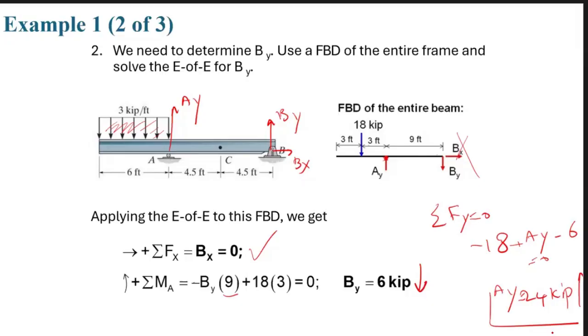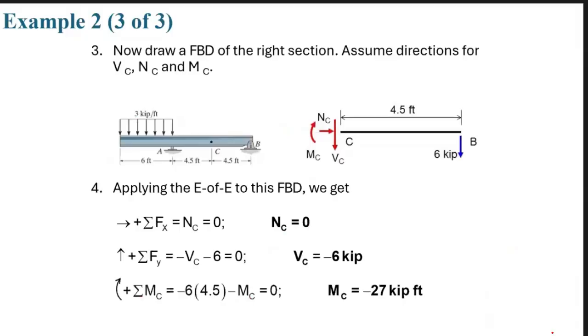Okay, I thought that the right side is easier for us. For the right side, if you remember, as a sign convention, we can consider V upward as positive, and for MC, we consider the clockwise direction. We write that NC is 0. Why?